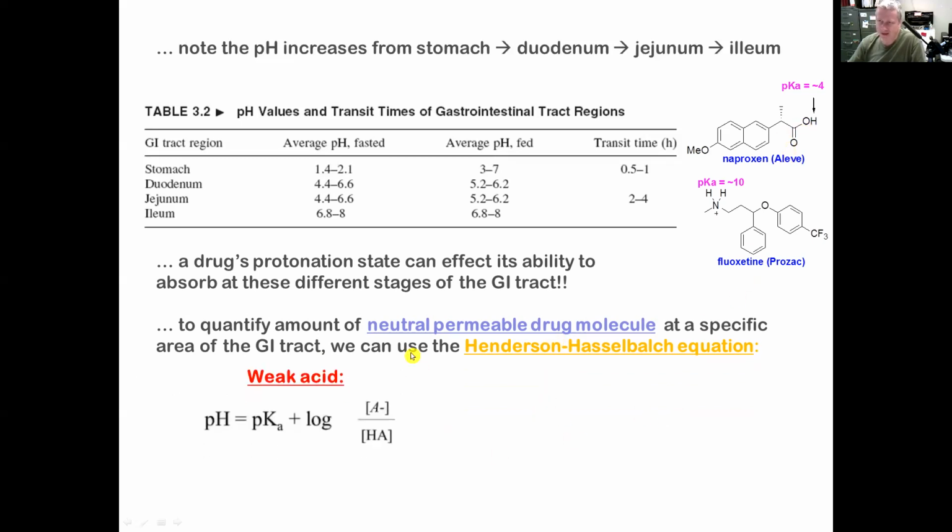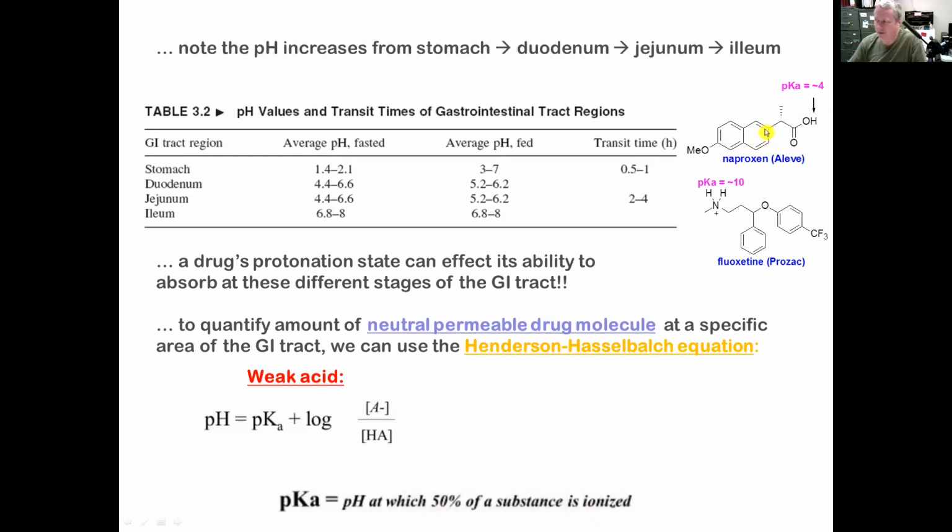Okay, so for a weak acid, and that's what we're going to call naproxen up here, we're going to consider pH equals pKa plus the log base 10 of A minus divided by HA. So this will tell us the relative amount of A minus to HA, right? We'll solve this in a second. We'll try this out. And the pKa, of course, is the pH at which 50% is ionized, right?